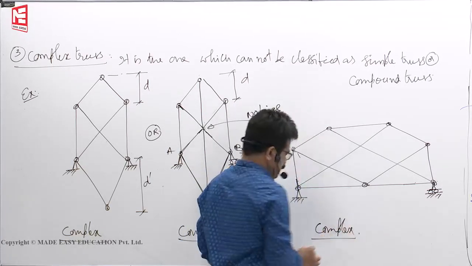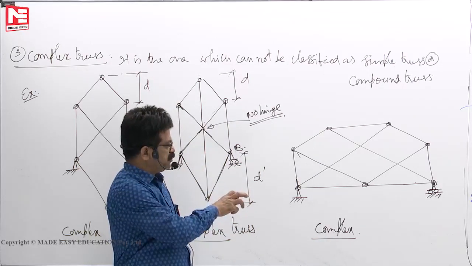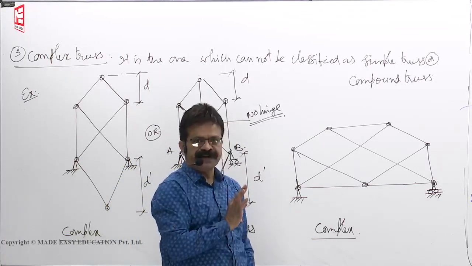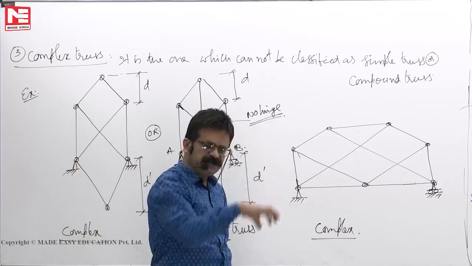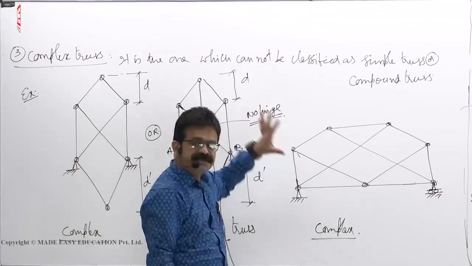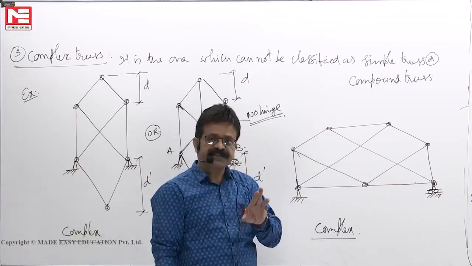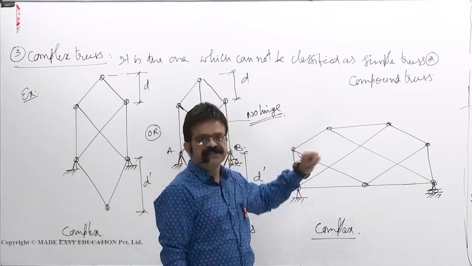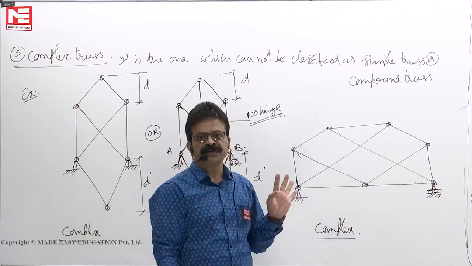This we have solved. Such cases where complex trusses are given, whether it is stable or not, though m is equal to 2j minus 3 is satisfied, we cannot predict whether they are stable or not. We have to go for the analysis itself. Such cases where by inspection you cannot find whether it is stable or not is for a case of complex trusses. So for complex trusses, to determine whether it is stable or not, you have to go for the zero load test.